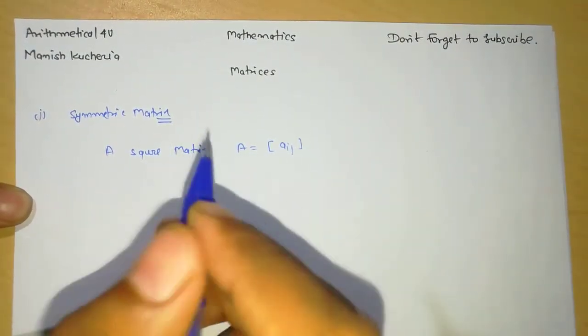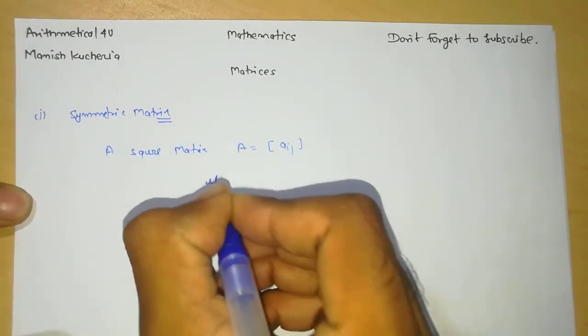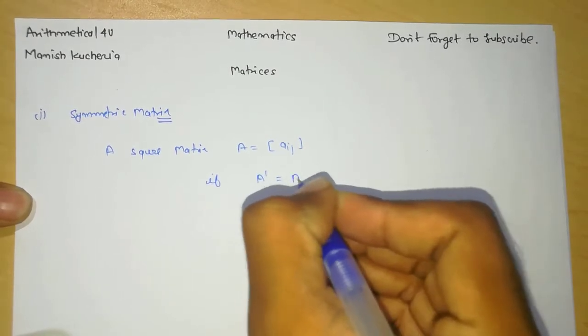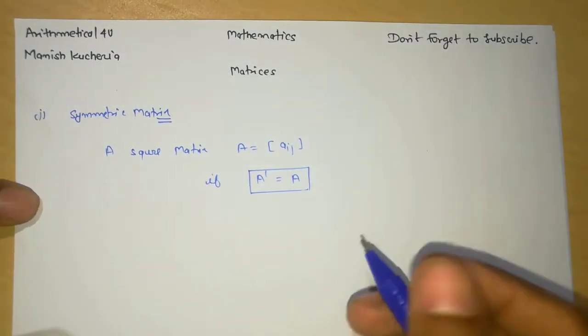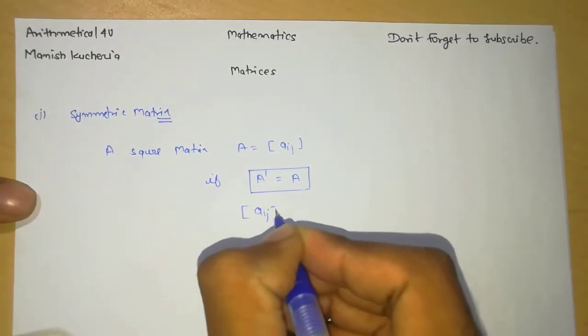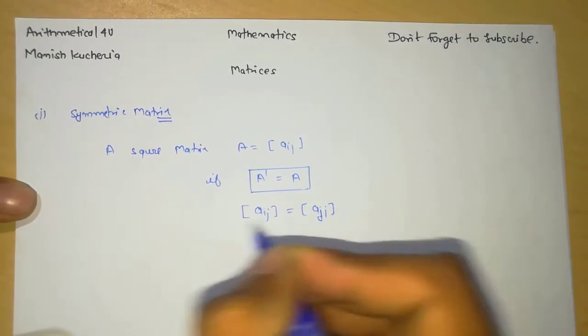A square matrix is said to be a symmetric matrix if the transpose of the matrix, A dash, is equal to A. It means the elements Aij equal Aji after the transpose of the matrix.